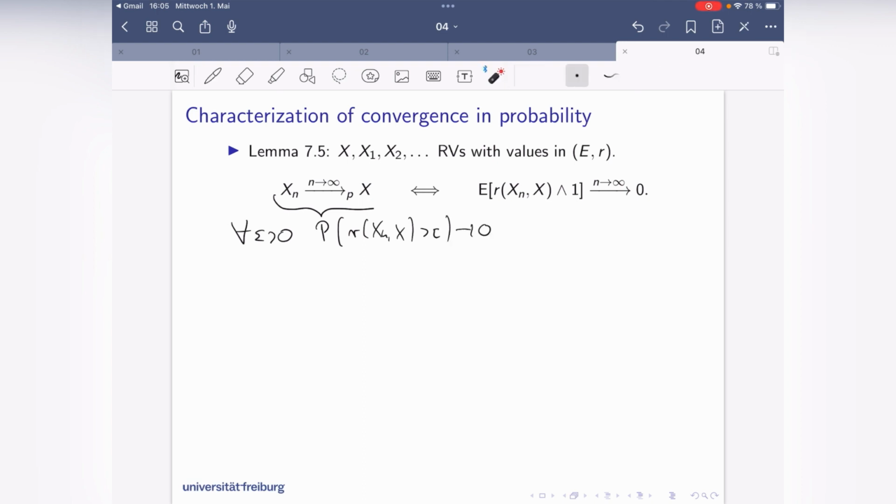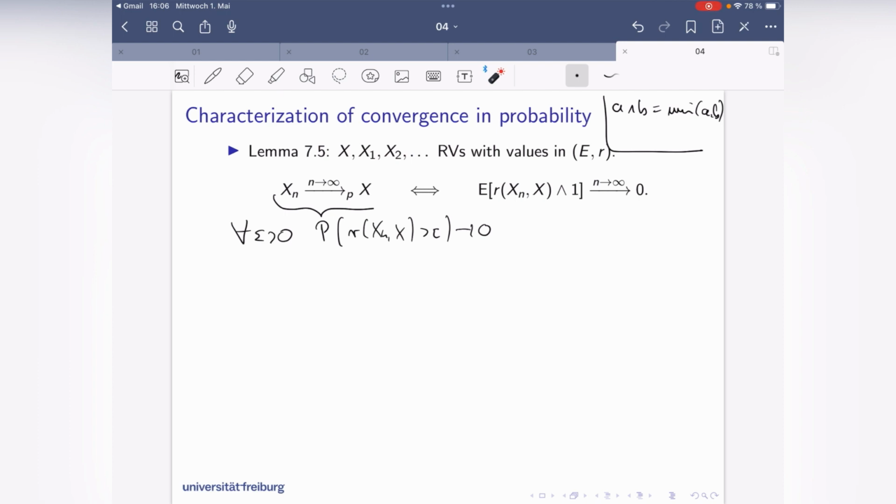And I claim here it's equivalent to say that the expectation of the same difference, minimum 1, goes to 0. If you don't know this notation, side note: this is the minimum of a and b, such that this is 1 if the distance is bigger than 1, or it's the difference if that's smaller or equal to 1.